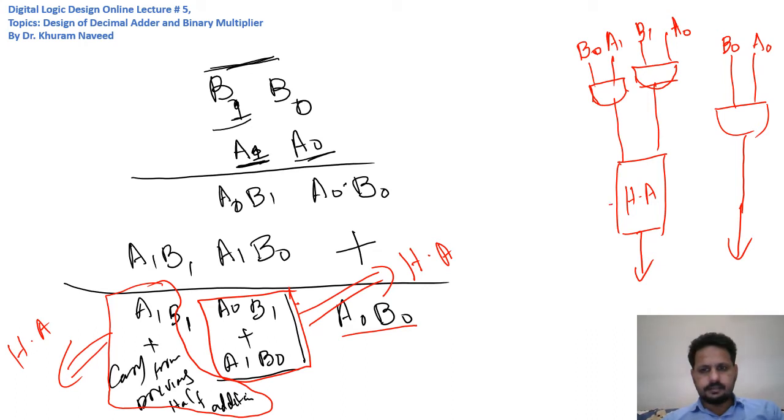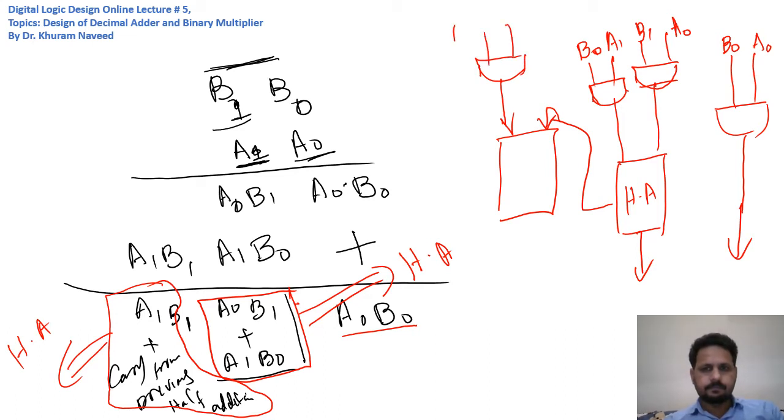and the carry goes to the next half adder that adds this carry with the result of this AND gate, right? And this gives us the third output.